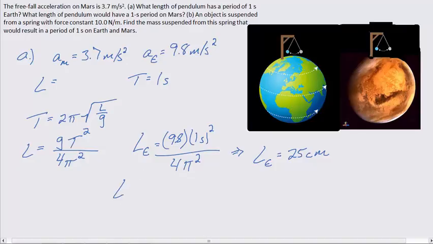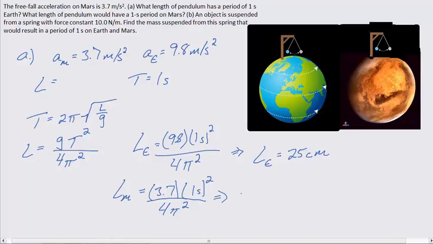So we can do the same thing to solve for the length of a pendulum on Mars by substituting our acceleration of Earth for our acceleration due to gravity on Mars, which has a value of 3.7 meters per second squared, multiplied by our period of 1 second squared, divided by 4 pi squared.